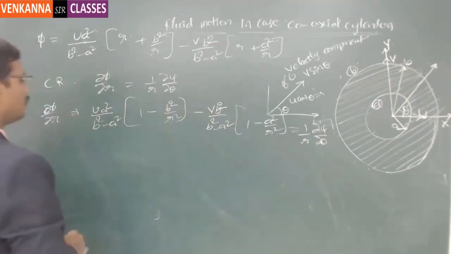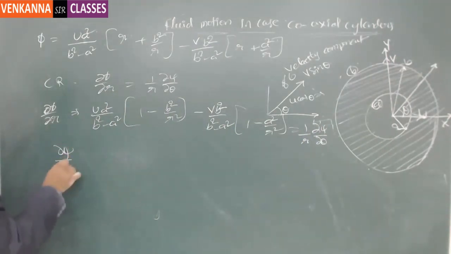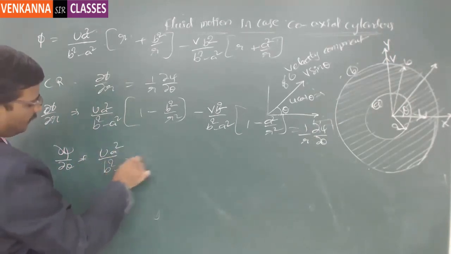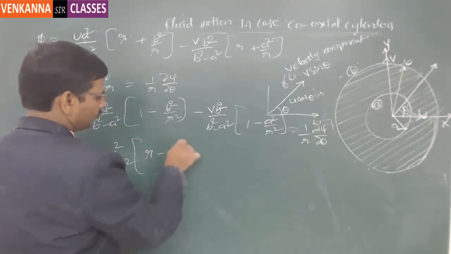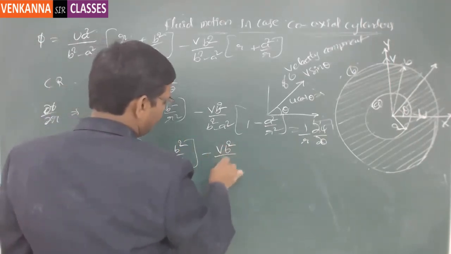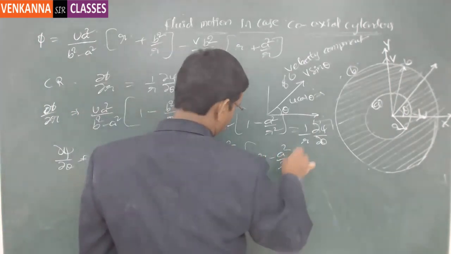If you take r onto the other side, ∂ψ/∂θ is equal to u a square by b square minus a square, then r minus b square by r, minus v b square by b square minus a square, r minus a square by r.